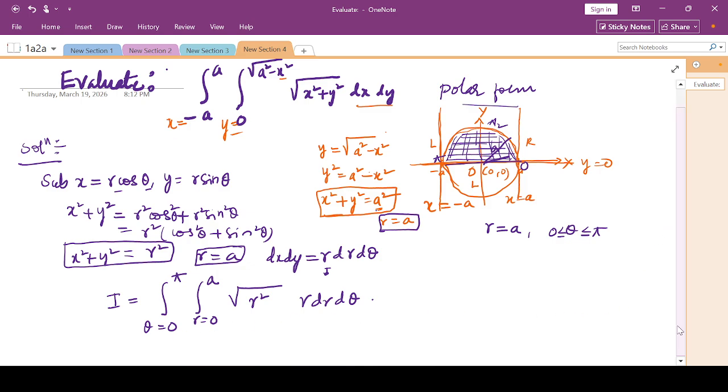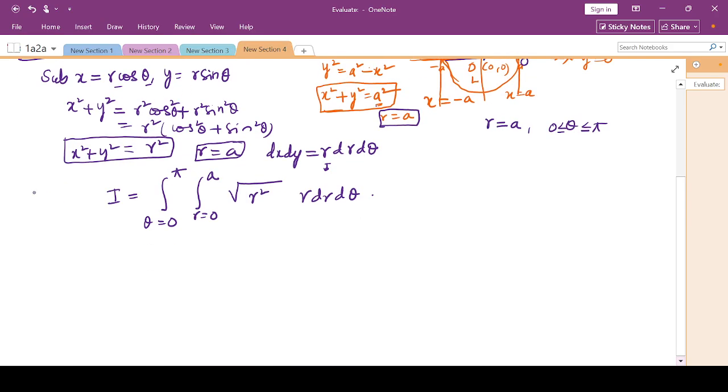Now this is equal to the integral with theta running from 0 to pi and r running from 0 to a. The square root of r square is r, into r is r square, so r square dr d theta.